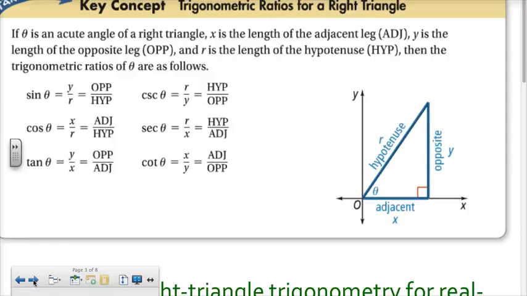Then the trig ratios are SOHCAHTOA. Sine, opposite over hypotenuse. Cosine, adjacent over hypotenuse. Tangent, opposite over adjacent, better known as SOHCAHTOA. And then, of course, the reciprocals of those are our cosecant, secant, and cotangent, our secondary functions.